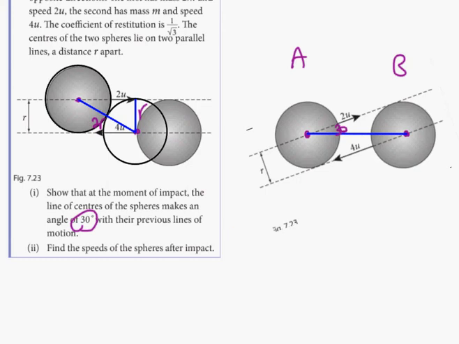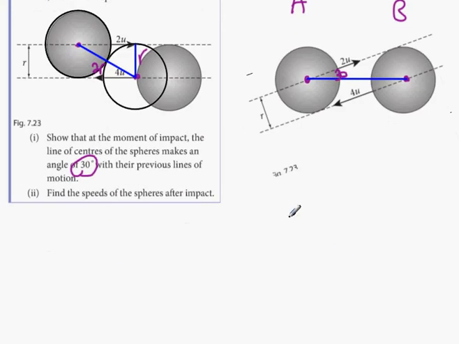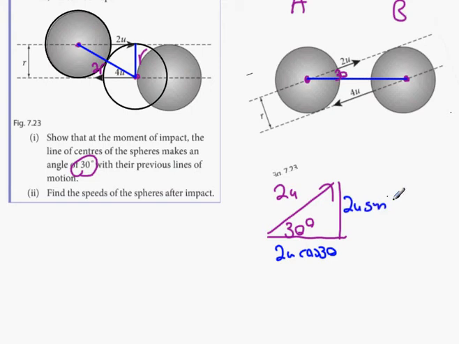So sphere A is going up by 2u in the diagonal. We know that's 30 degrees up, so it's going to be 2u cos 30 and 2u sin 30. Somebody tell me what 2 cos 30 is. What's cos 30? Is it a half or root 3 over 2?